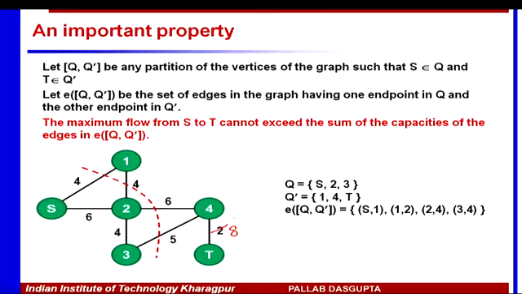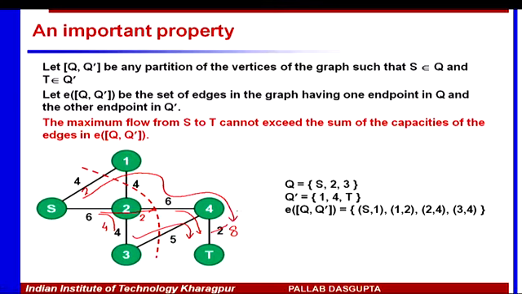I could send 6 units from here, and then I can split it up: in this direction I send 4 units, and that 4 units goes like this, and I send the remaining 2 units like this, and then I take another 2 units and make it go like this.